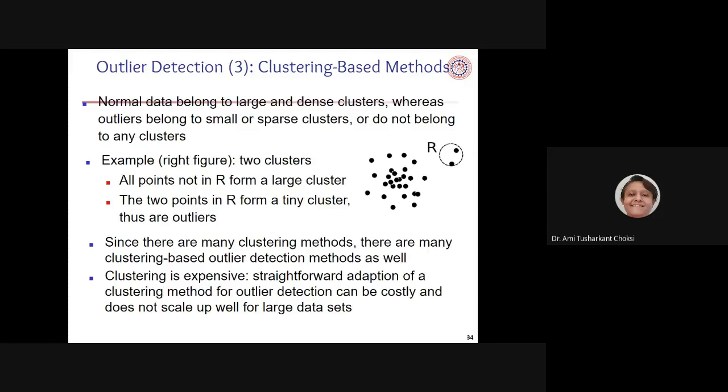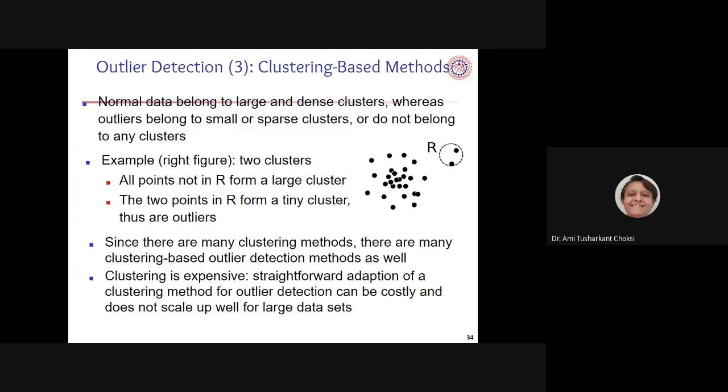Here we are talking of a large cluster as well as it is dense, and this is the outlier, where we can say that a small number of objects are there, and they are sparse. They are not closely available. They are away from each other, or otherwise we can say they do not belong to any clusters. That also is possible.